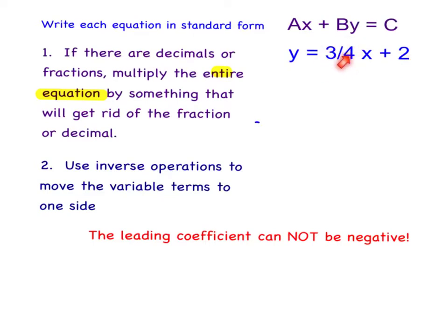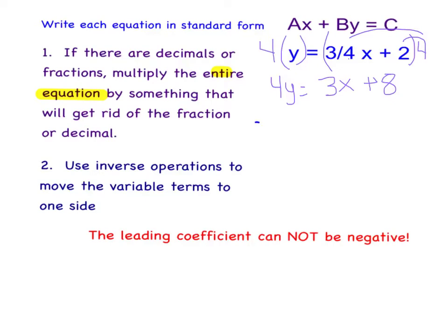Remember, to clear a fraction, you have to multiply by the denominator. So we are going to multiply both sides of the equation by 4. So now I have 4y equals, the 4's cancel out, 3x, and don't forget this is the distributive property, so plus 8.